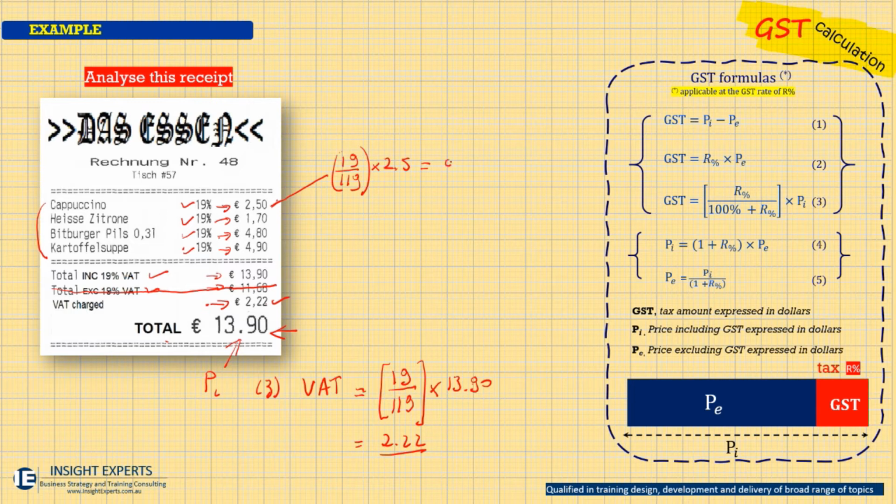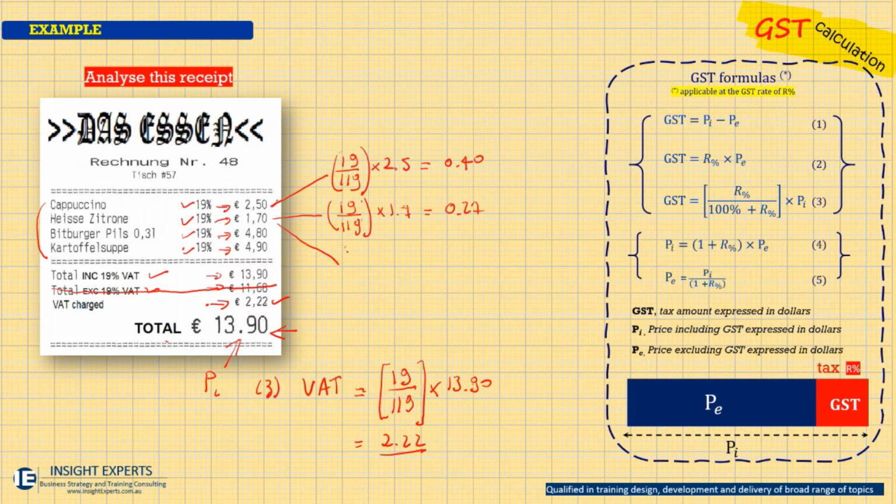That equals 0.40. If I repeat the same thing for item number 2, this time we multiply by 1.7, and it's 0.27.